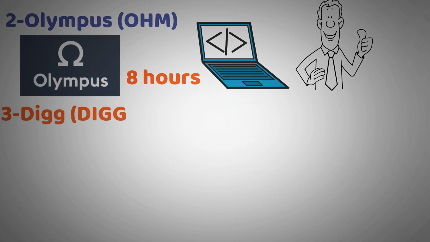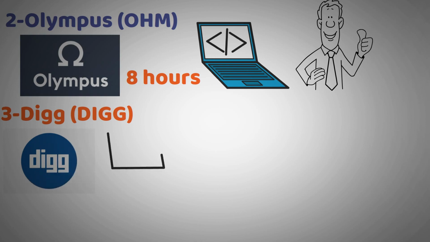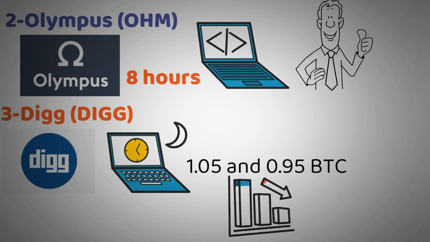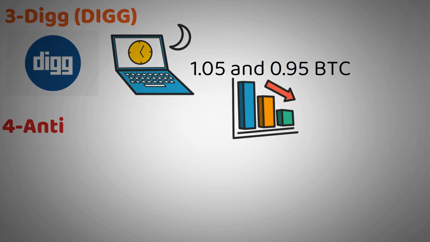3. Dig is yet another Rebase token that is pegged to the price of Bitcoin, and its protocols keep track of its price. A rebase occurs every 24 hours, and its target price is set between 1.05 and 0.95 BTC. If the price of the token falls within this range, a rebase will not happen and the supply will remain as it is. 4.